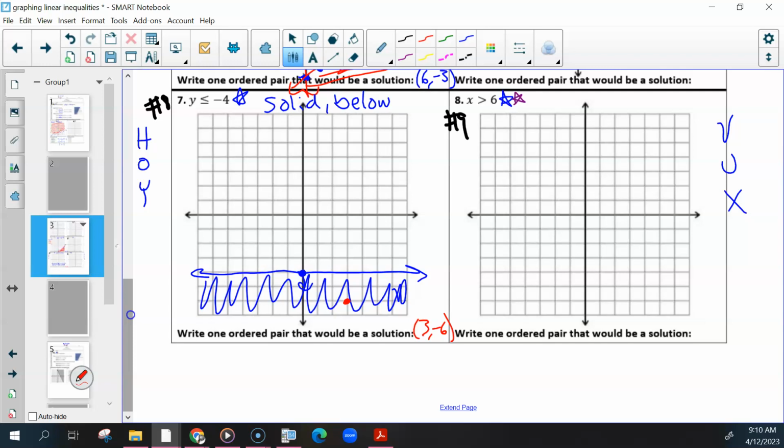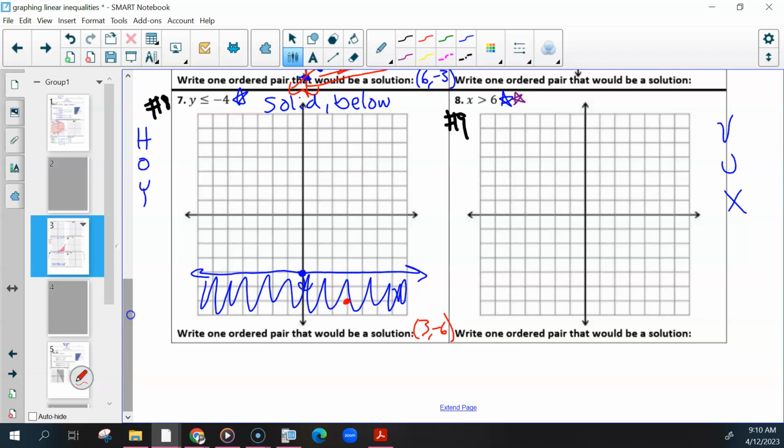So if I said 100, -7, that would work. If I said 1,000,000, -8, that would work. But when we write our solutions, we want to be able to see that that solution would actually fit on the graph.